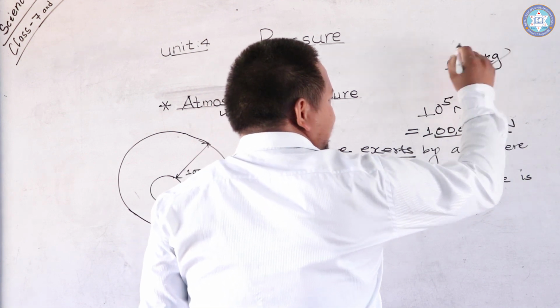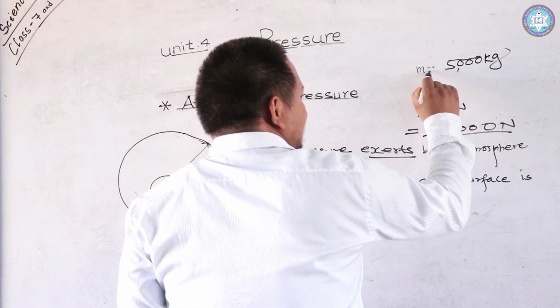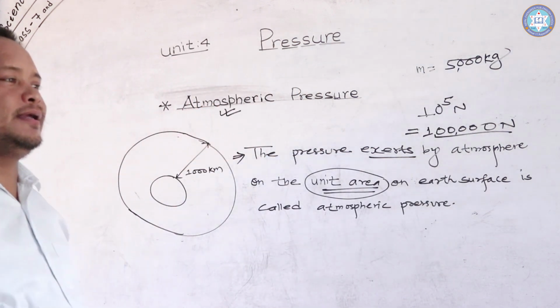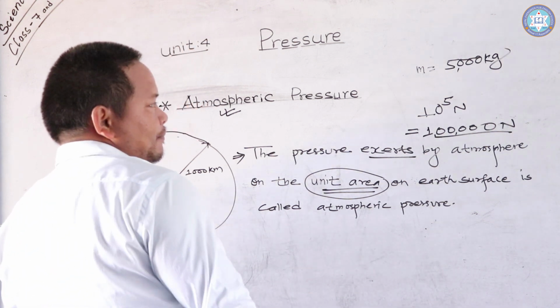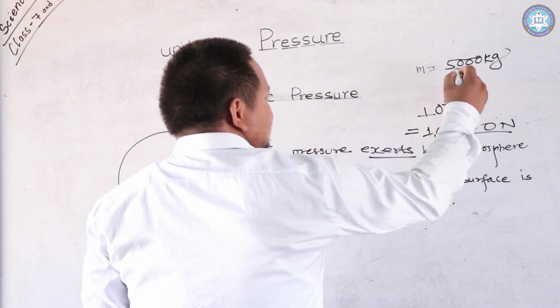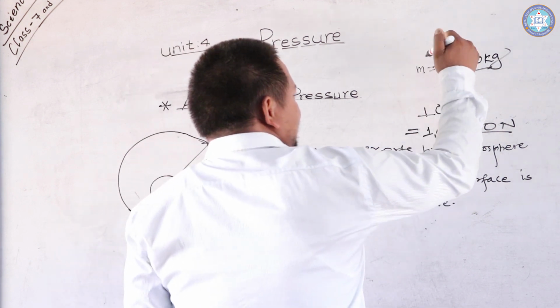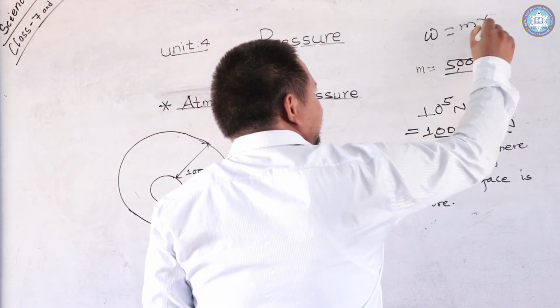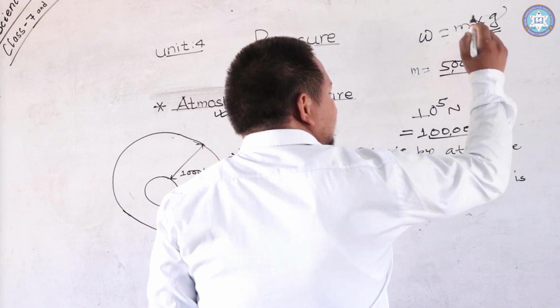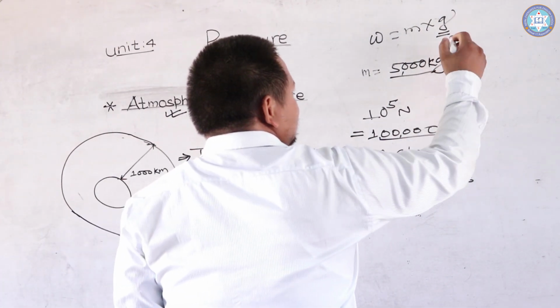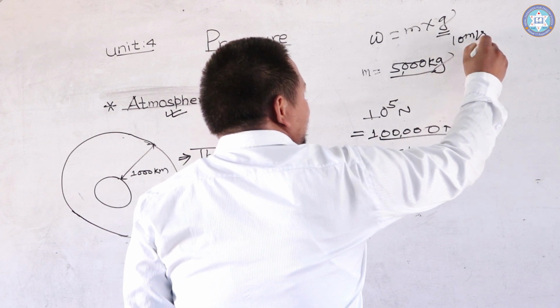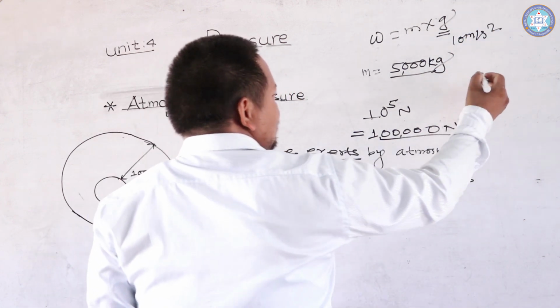The mass of the elephant is 5,000 kg. Then what happened? When it is multiplied with g, its value put as 10 meter per second square, how much is its value?